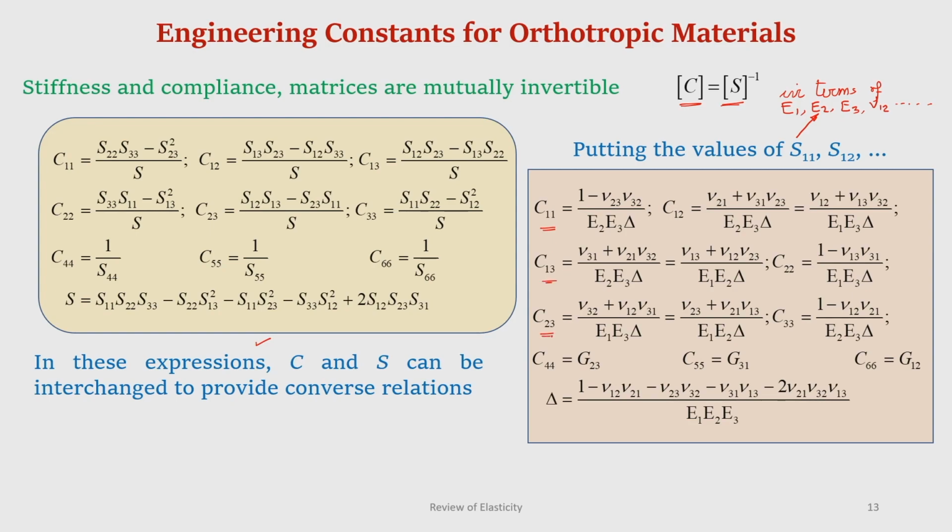We could write the elements of the stiffness matrix in terms of engineering constants by these expressions. So, therefore, we obtain the relationship between the engineering constants and the elements of the stiffness and the compliance matrices.